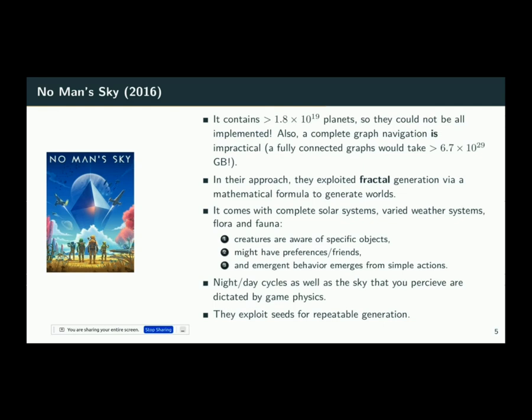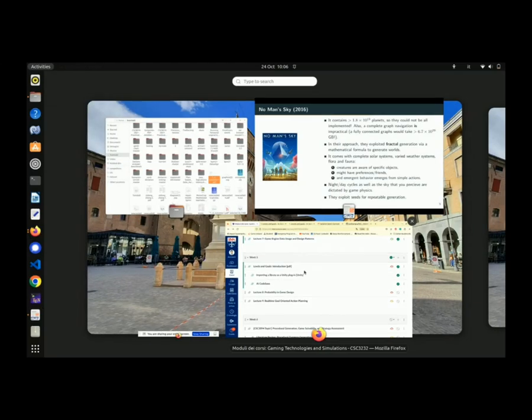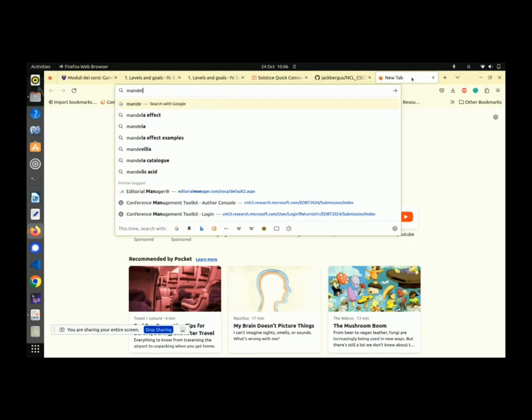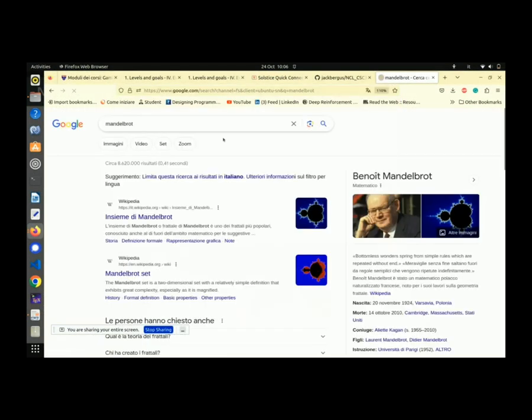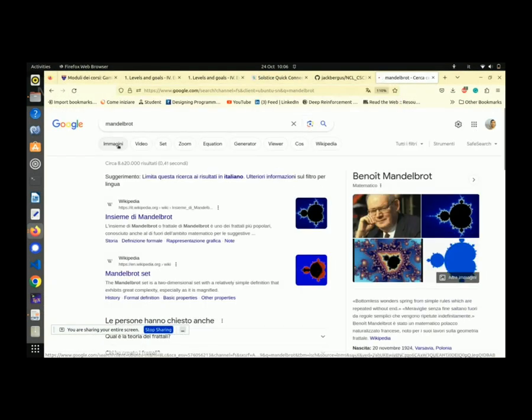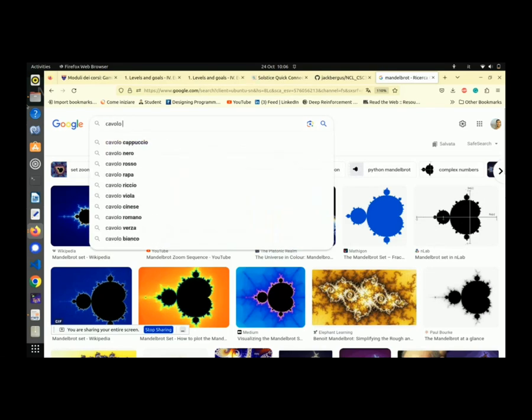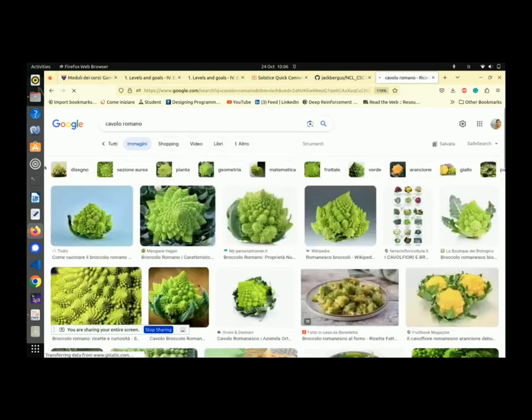If you don't know what a fractal is, then you have, for example, Mandelbrot sets. Those are fractals. And the interesting part about this is that you have a repeated structure. If you look at some kinds of vegetables like this, they also have a fractal structure.